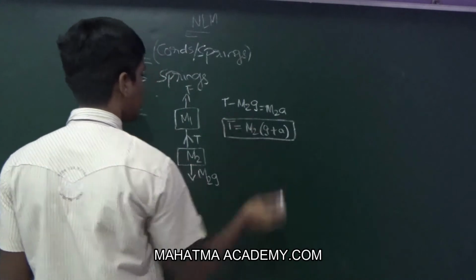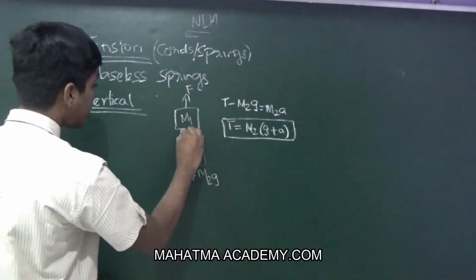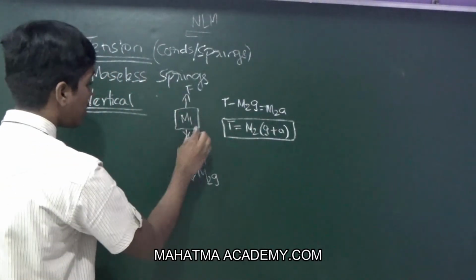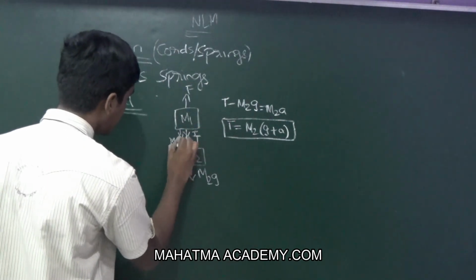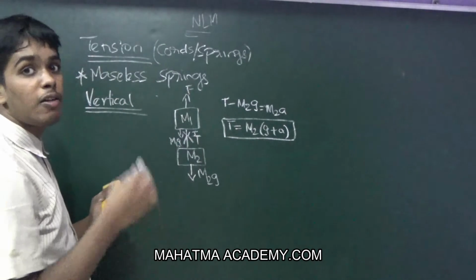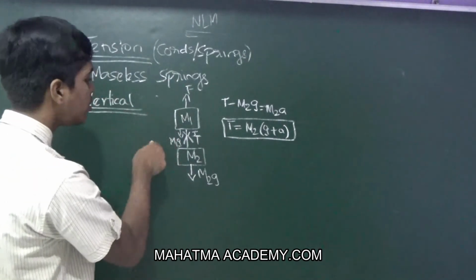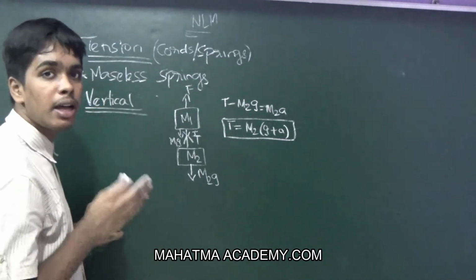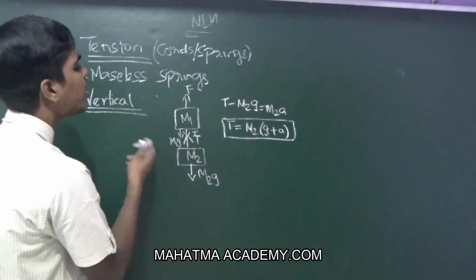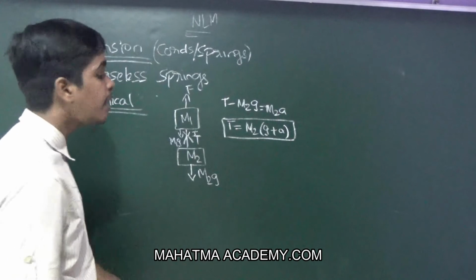Now the same is applicable for the upper body, plus the M1G. The weight will be applicable. We must use weight to find the tension in the vertical case. If we use it without weight, we get a wrong answer.